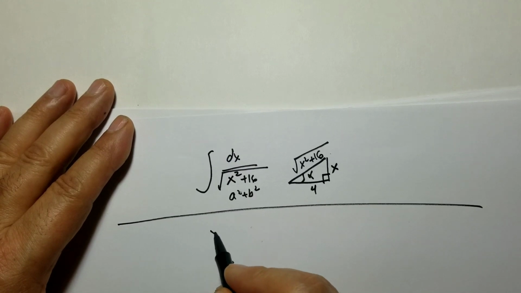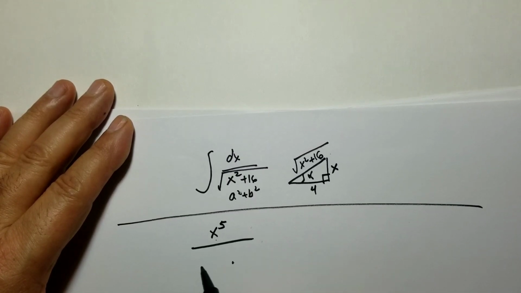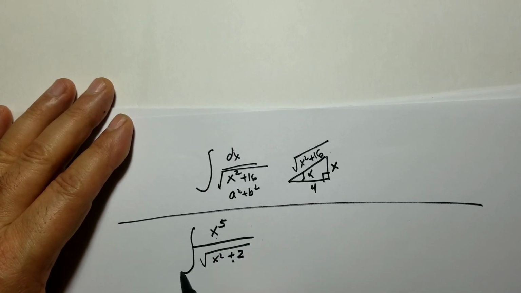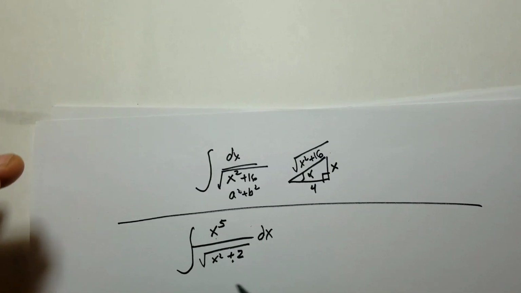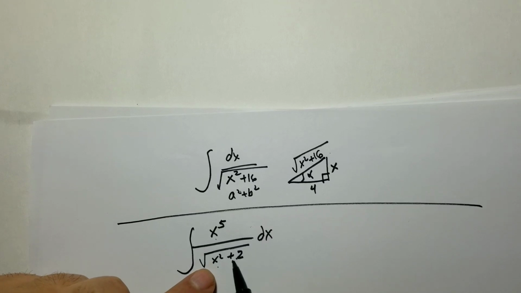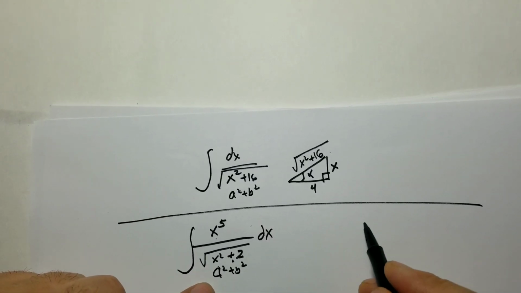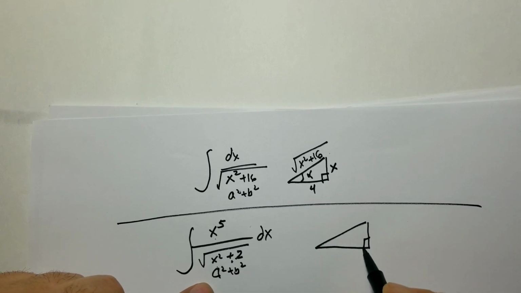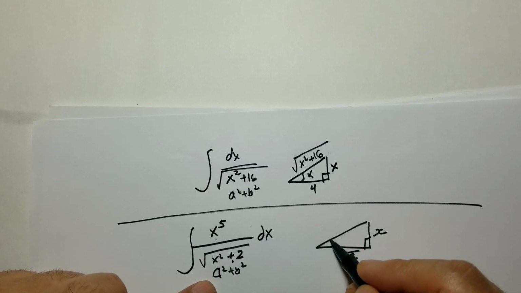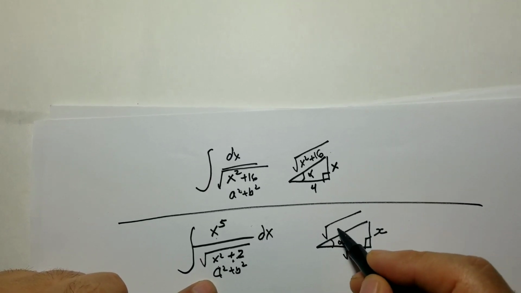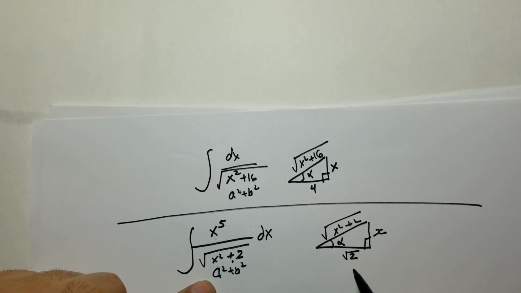Another one is x to the power of 5 over the square root of x squared plus 2, dx. That's the same thing. See, x squared plus 2, this is your a squared, this is your b squared, and if I draw a right triangle, my a is x, and this is the square root of 2, I'm going to pick that angle, and the hypotenuse becomes the square root of x squared plus 2.